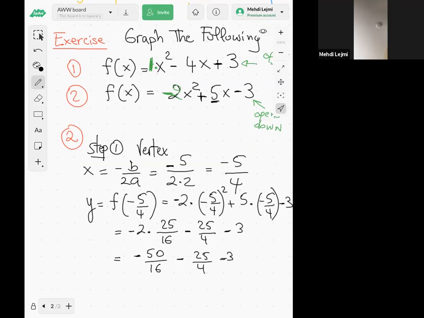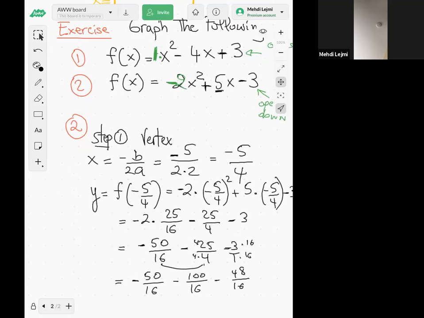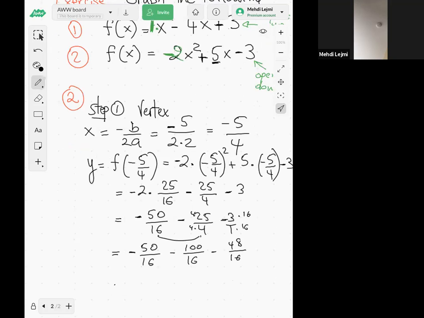Getting a common denominator: negative 50 over 16; multiply the second by 4, minus 100 over 16; and 3 over 1, multiply by 16 top and bottom, that's 48 over 16. Probably not a good example, but anyway, negative 50 minus 100 minus 48 gives negative 198 over 16.